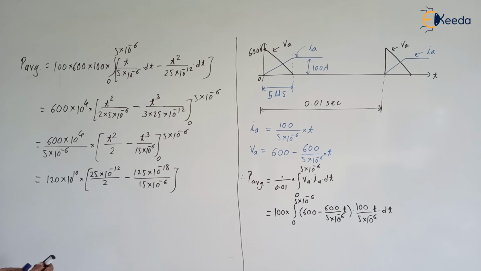P0 average is equal to 5 watts. Are you getting the point?